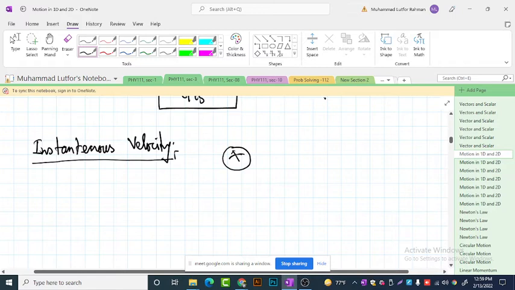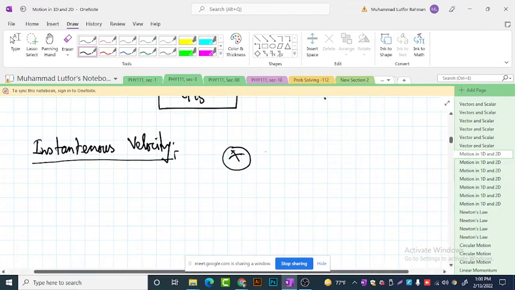When you look at that indicator, whatever indication it gives you is the velocity of that car at that particular moment, and it would be different at different times. This is actually the instantaneous velocity.